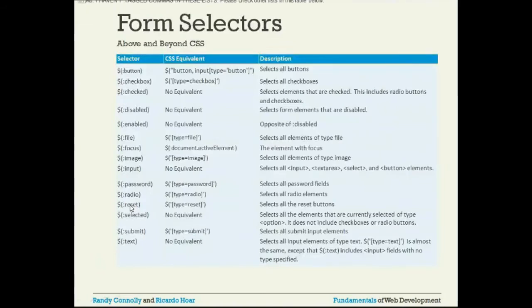Now we will see the form selector, how we can select the form elements. First is the selector, then the CSS equivalent, and the description is given. The dollar represents jQuery, and inside the brackets you have colon button. Inside your form, it is going to select all the buttons.